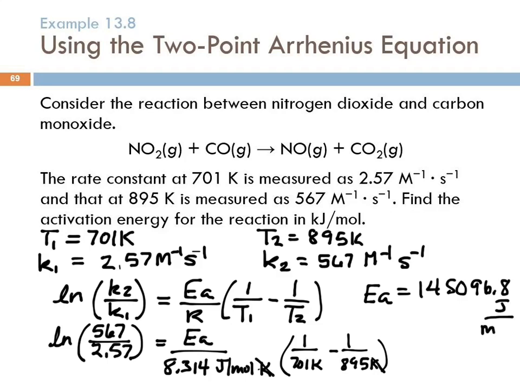But what does it ask me for? Kilojoules per mole. So that's going to be 145 kilojoules per mole. And we're just going to go for a reasonable number of significant figures. There's 3 in all of these guys, and so we'll just call it 3 and say that's good.